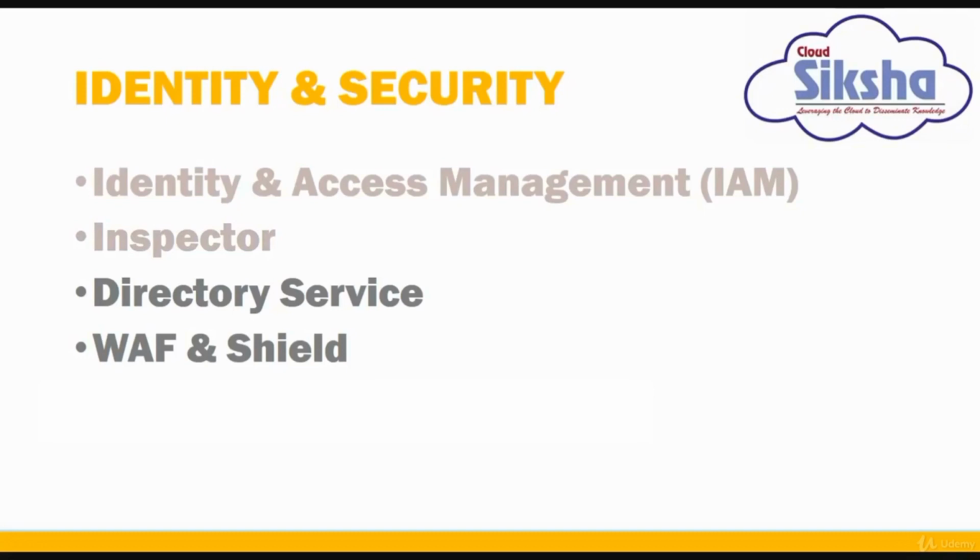AWS also offers directory services. In this case, it offers a service for Microsoft Active Directory, the Enterprise Edition. The Microsoft AD service is built on the actual Microsoft Active Directory. This means that you don't need to synchronize or replicate data from your existing Active Directory to the cloud.